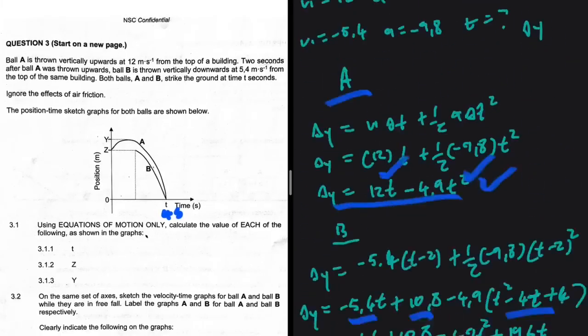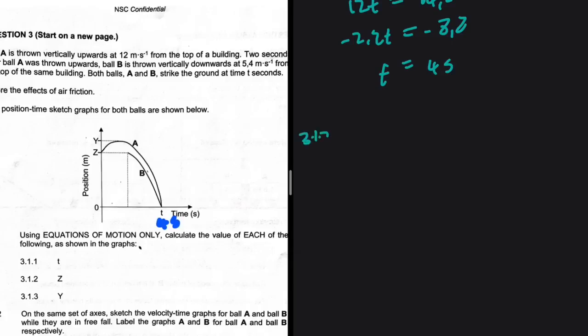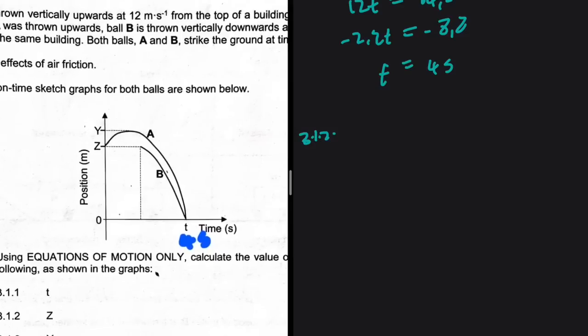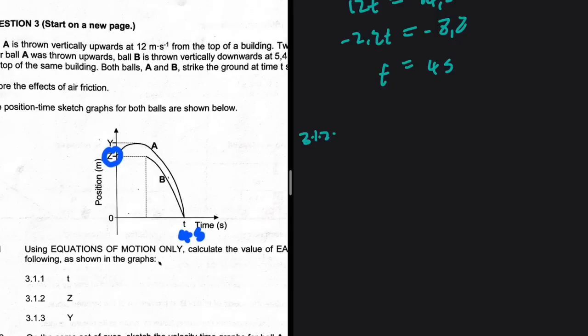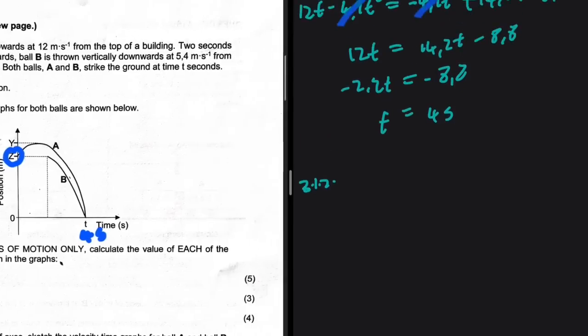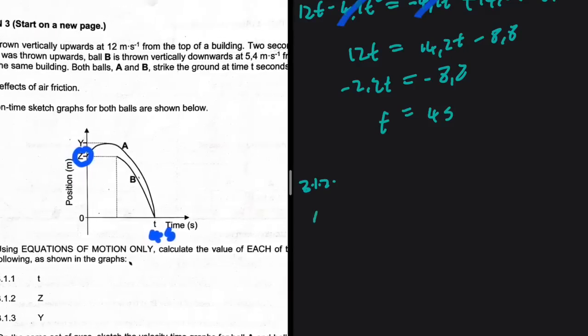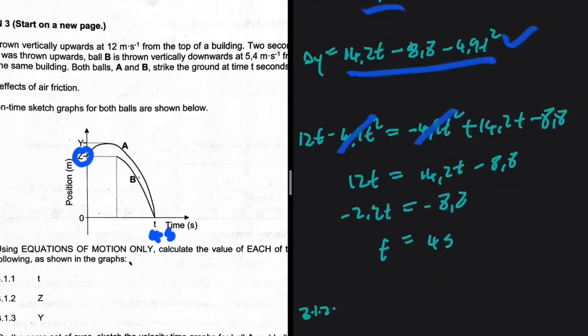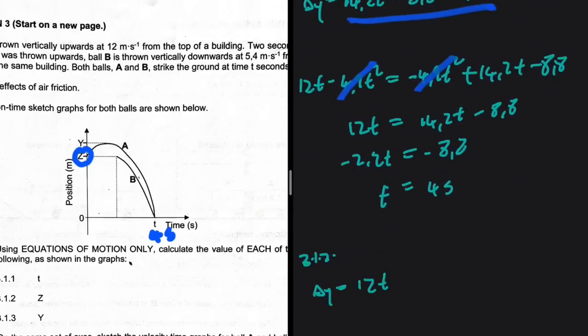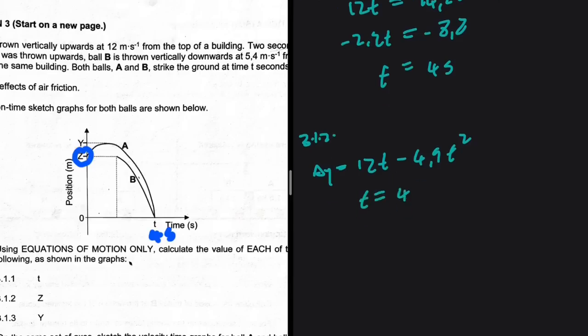It's a lot of work, to be honest. Yeah, 3.1.1. It's a lot of work. What about 3.1.2? We are looking for the value of z. So z is the height from which the two balls were projected, right? How many marks? 3. Not sure it's worth 3 marks. Either way, delta y is equal to, we can take one between the two equations. Let's take 12t minus 4.9t squared. And then we know that t is equal to 4 when the two balls strike the ground.